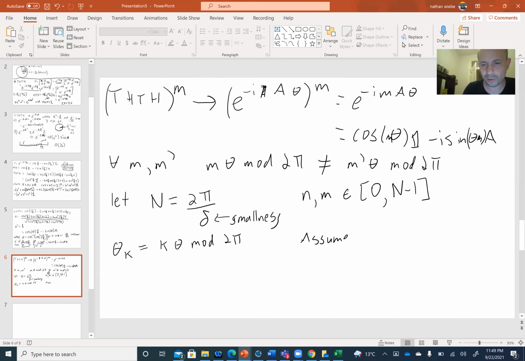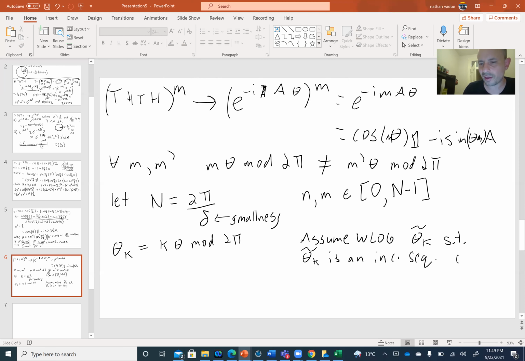we can assume, without loss of generality, that we sort these angles between 0 and n minus 1 that we get. Let's call these sorted angles theta tilde k, such that theta tilde k is an increasing sequence.